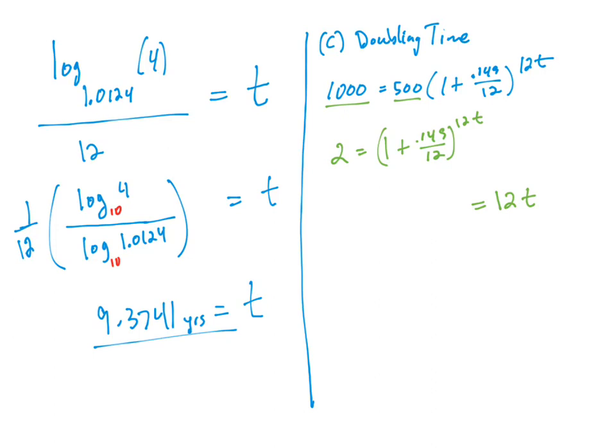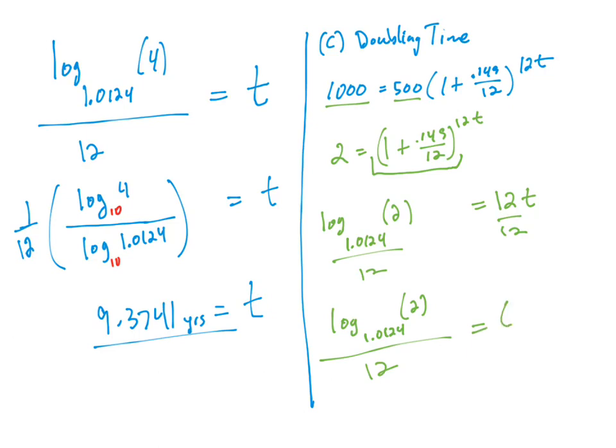The base here is this value, which we saw was 1.0124, and then the argument is 2. So we're going to divide this by 12. So I get log base 1.0124 of 2 divided by 12 is equal to t.